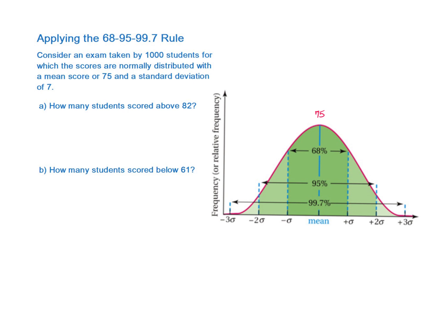And hopefully you see that 82 minus 75 is indeed 7. So we're looking at one standard deviation above the average. And so that really means that all I want is what I'm shading to the right here.